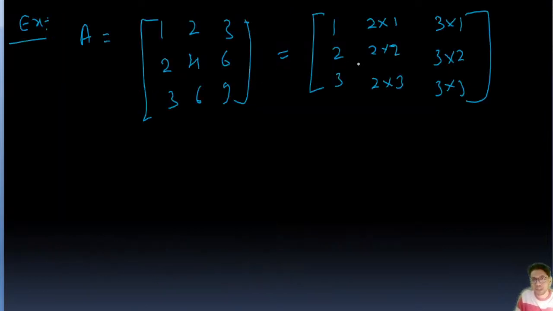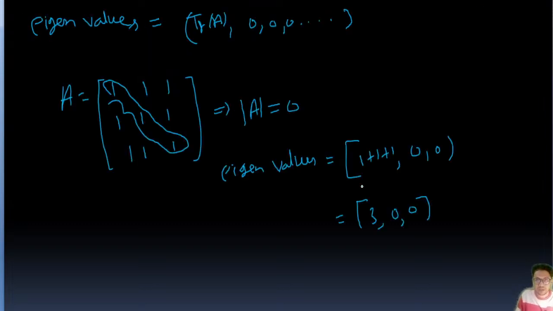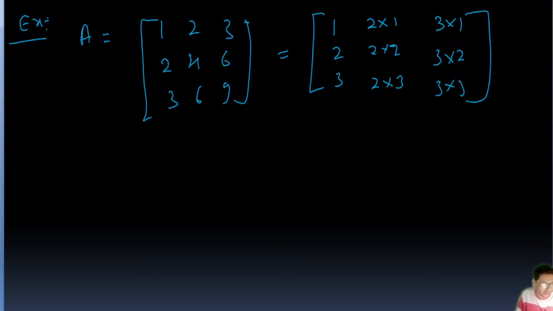We can see these rows and columns are scalar multiples of each other. So in that case the eigenvalues are going to be trace, 0, 0. The eigenvalue lambda is going to be trace A, 0, 0.